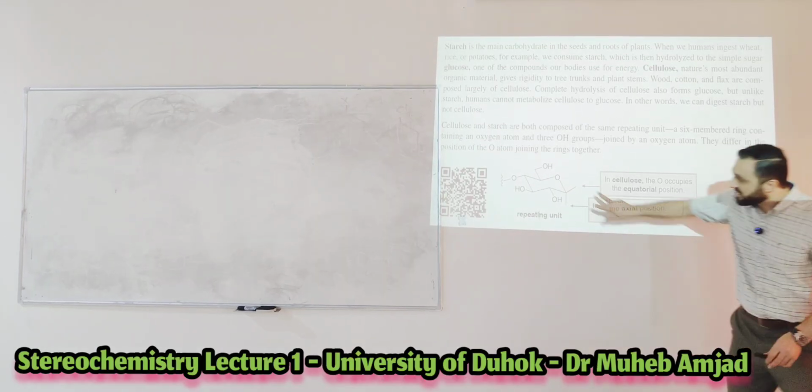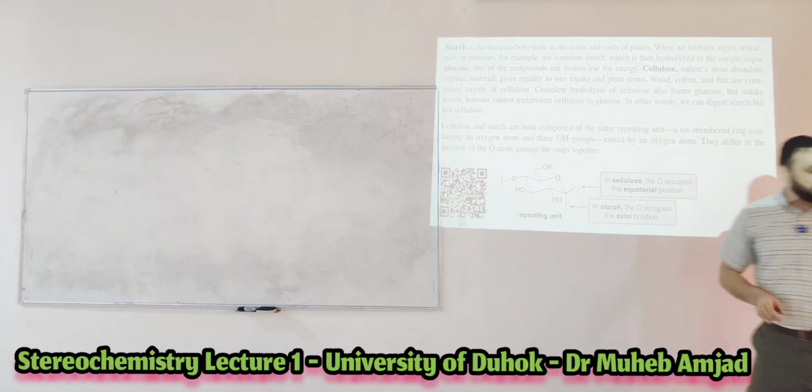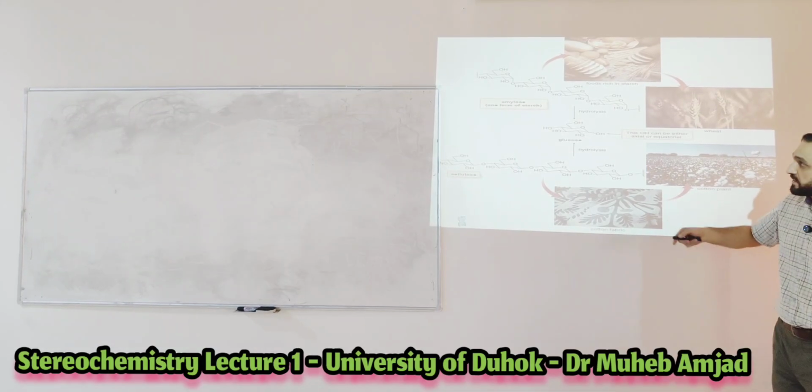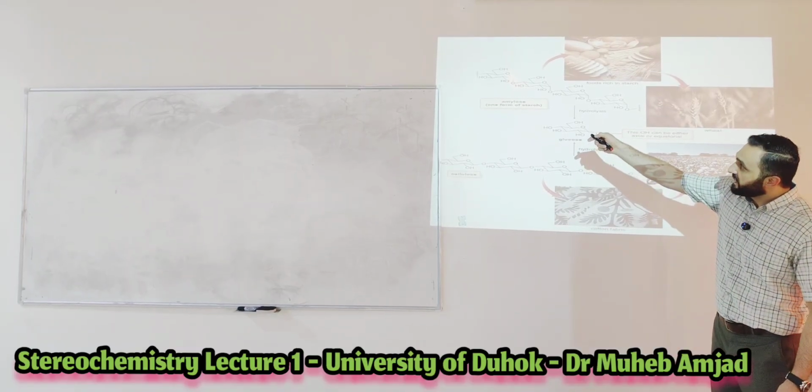So the different position of the bonding gives you a different polymer. This is the starch, and this is the cellulose. Look here, this bonding is axial.